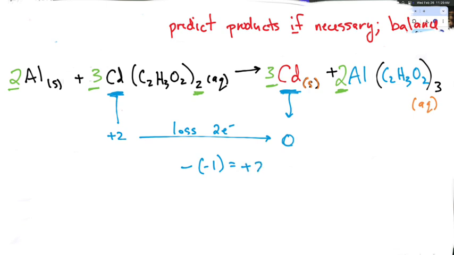I'm making it more positive. To go from a +2 to a 0, thank you for making the mistake for me. I was going to do it too. Okay? We didn't lose electrons. We gained electrons. We had to gain 2 electrons.